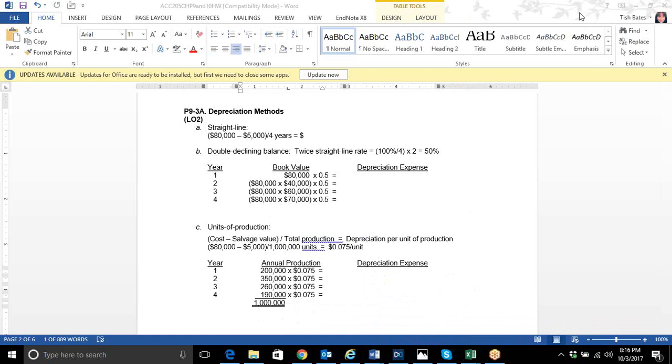Especially on the double declining balance, so you know how in this first problem that we went over, yes, you can add your total depreciation together over the course of 4 years. That's not an issue, but don't try adding or subtracting anything out, right?